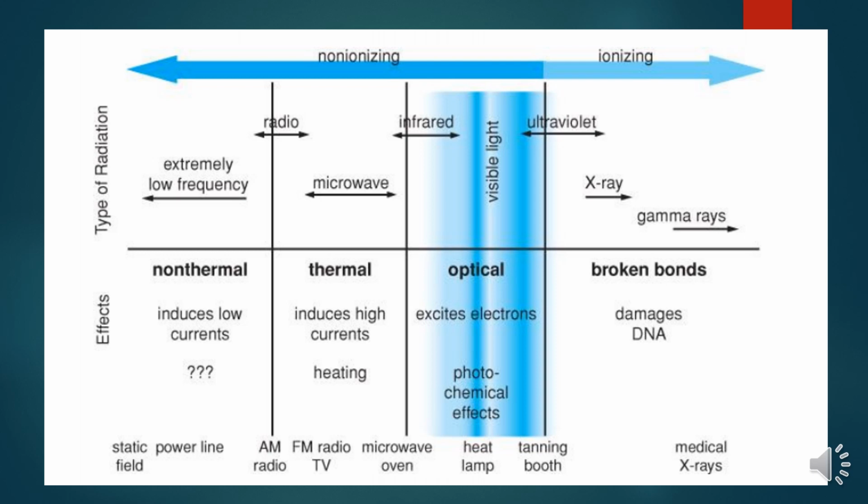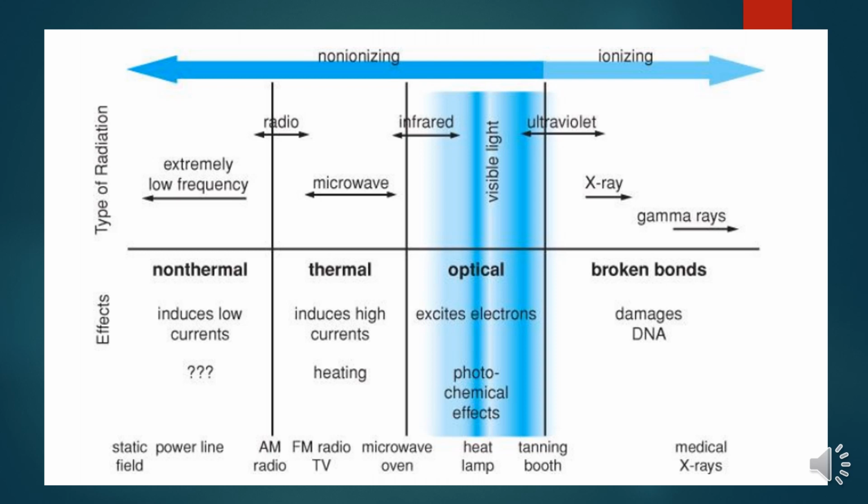Then non-ionizing radiation is classified into three different types according to their intensity. First, from right to left, we can see the visible light, where it excites electrons and causes a photochemical effect. Heat lamp and tanning booth are some examples. Then microwave radiation comes under the radio and infrared region.